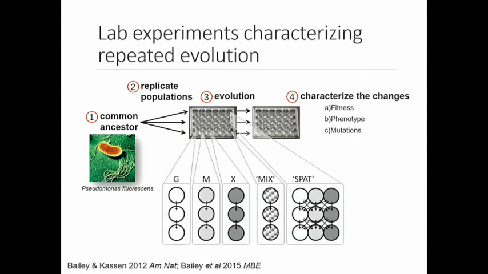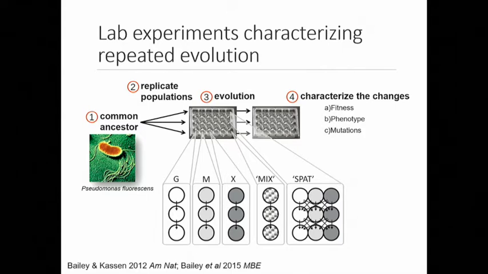I'm going to start by telling you about an experiment I did using Pseudomonas fluorescens, where I was interested in how populations evolve in different types of environments. What I was really interested in at the time was contrasting complex environments with more simple environments.